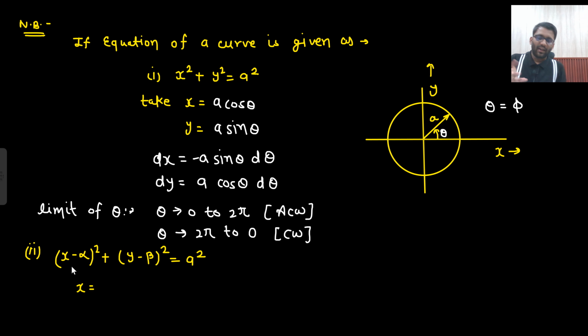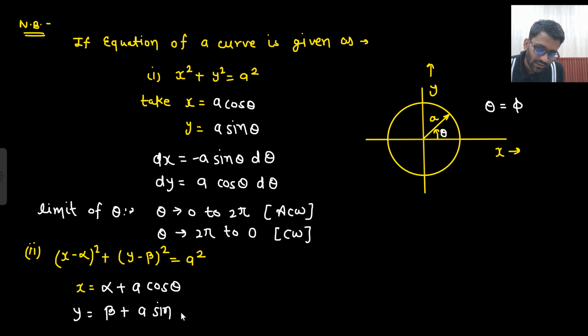And if the equation of the curve, or equation of the path, is given something like this, then what will your x be? Think about it. X will be alpha plus a cos theta. Say yes or no. And what will be your y? Y will be beta plus a sin theta. Right? You can find dx from here. You can find dy from here. What will be your dx and dy?